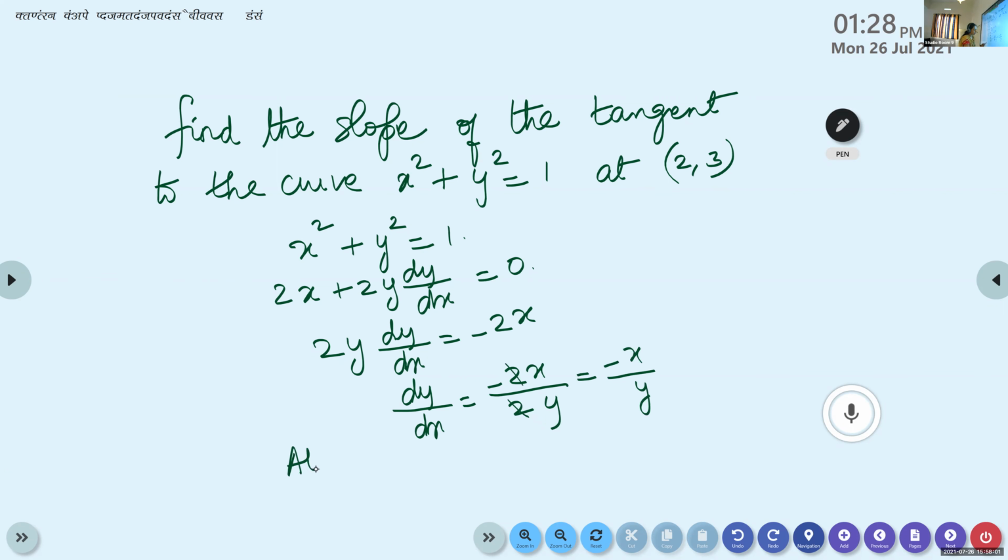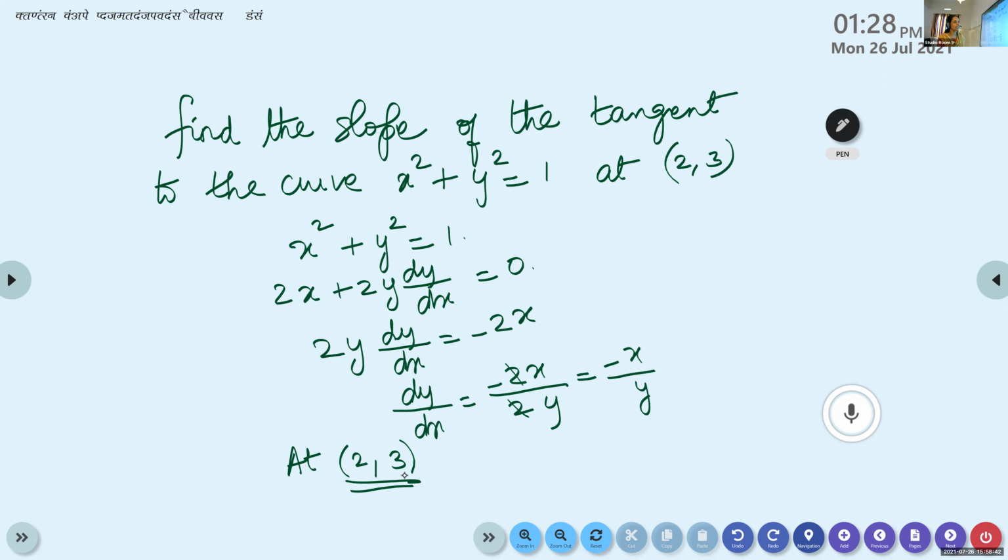Now substitute the point. At the point (2, 3), Michael, why is this point given?